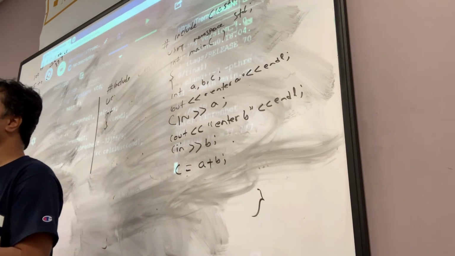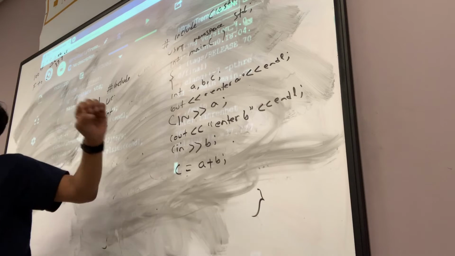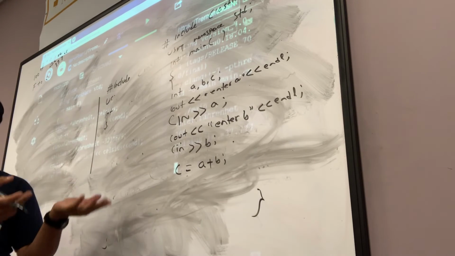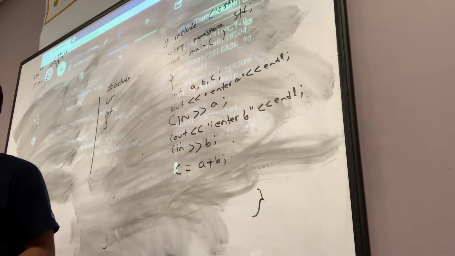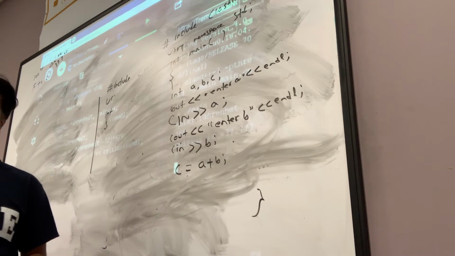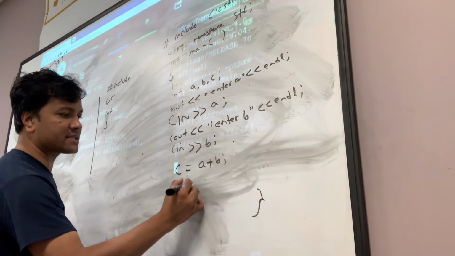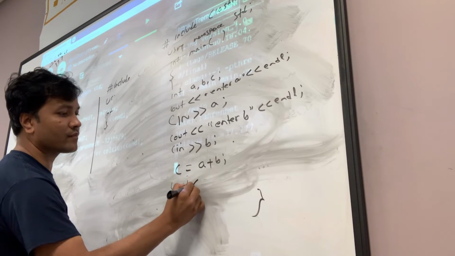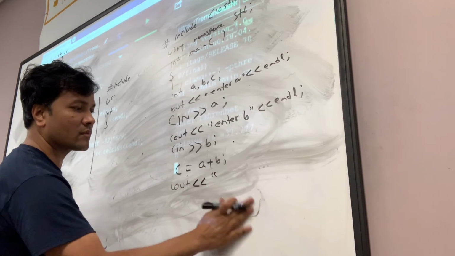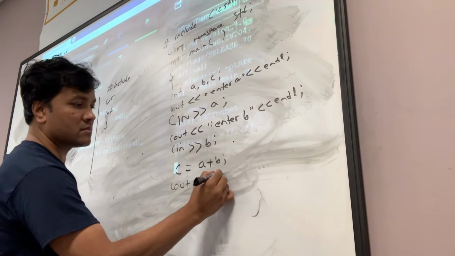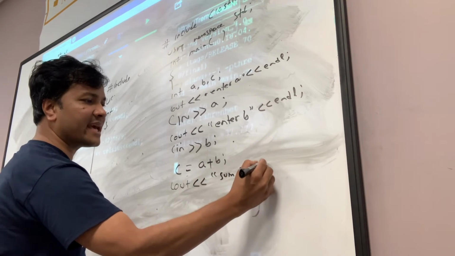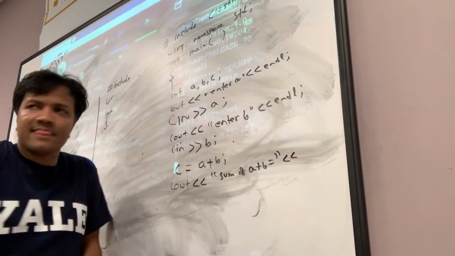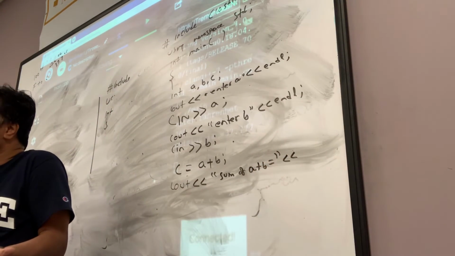C is equal to A plus B, and then what? You finish it up. How can you finish it up? Count. Yeah, that's how you finish up. Print it. Count what? Sum of A plus B equal to, and then you nicely write what?